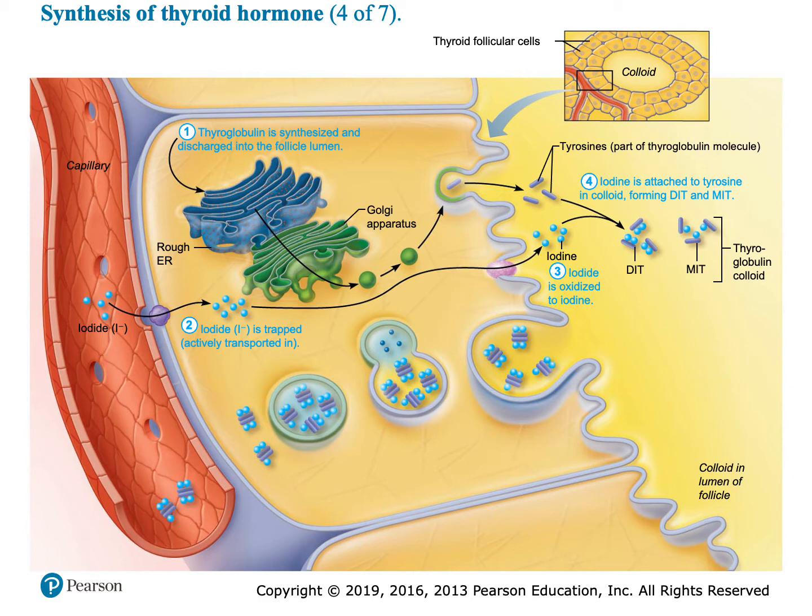Some of these molecules are going to have just one attachment of iodine to it. Some of them are going to have two. And then sometimes the ones with two pair up with another two. So that's 4. And then sometimes you're going to have ones with 2 just bind up with ones that have 1 iodine attached to it. So therefore, that's how you get T3 and T4. But again, you make a lot more T4.